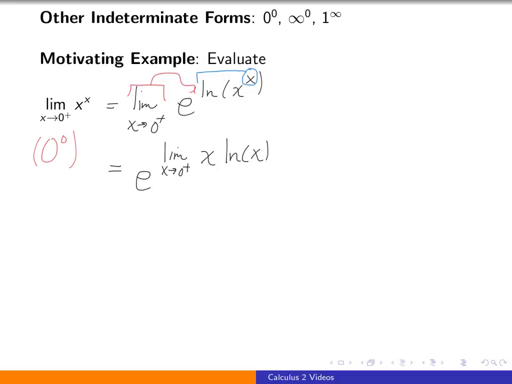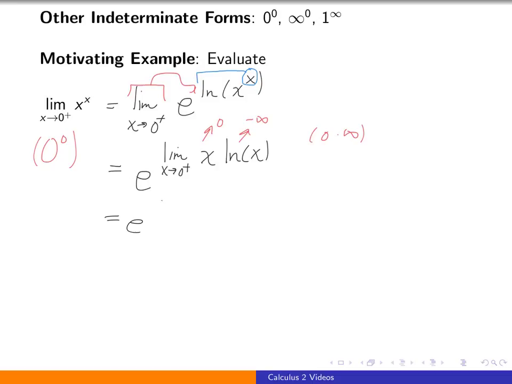As x goes to 0 from the right, we'll have x goes to 0, and as we approach 0 from the right, natural log x goes to minus infinity. And whenever you see this indeterminate type, now it becomes 0 times infinity, we know we are in a good position because we can rewrite algebraically.